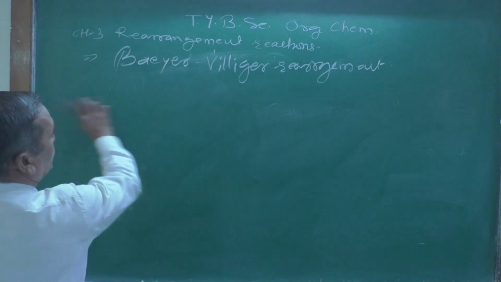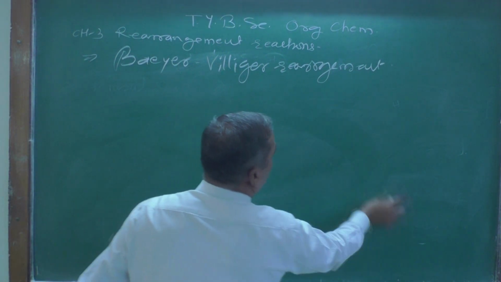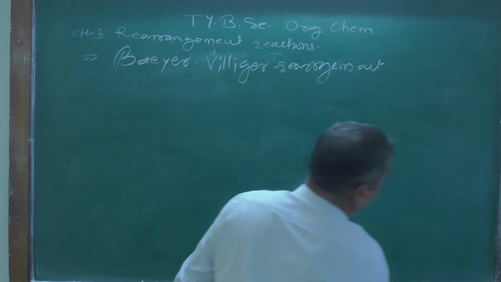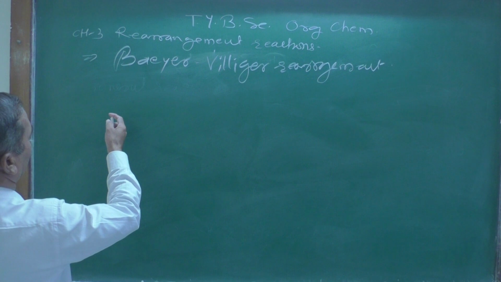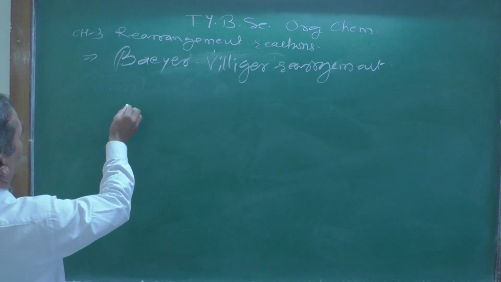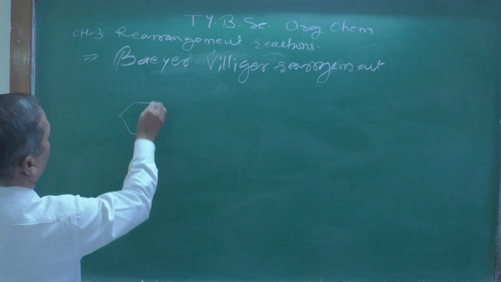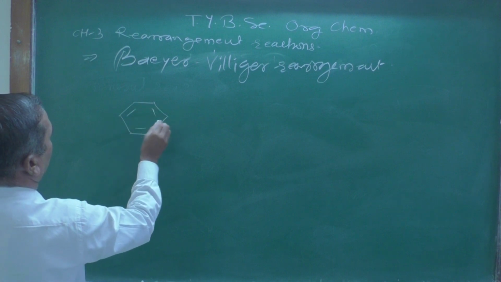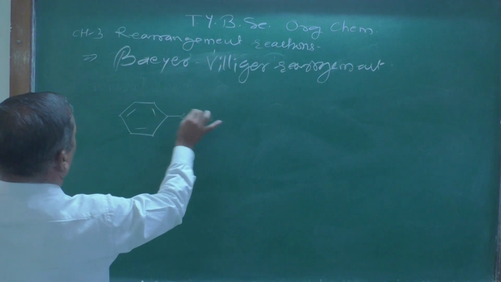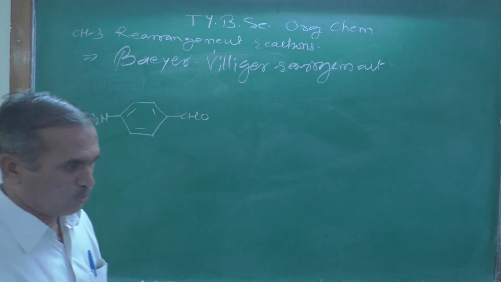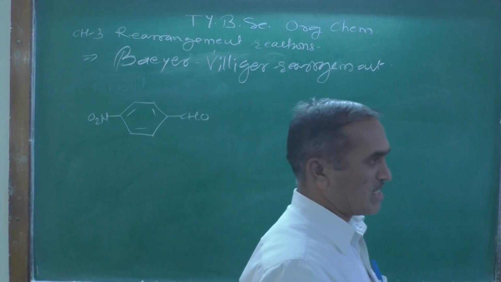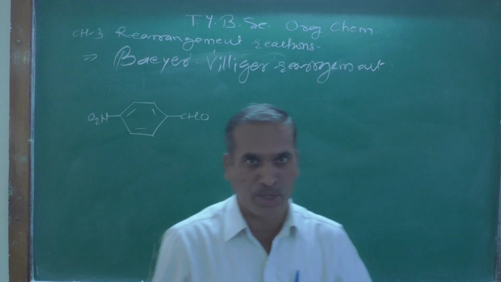Suppose your starting compound has, let us see here, I am showing one compound, CHO, and I am joining the nitro group to that benzene ring or benzene moiety.